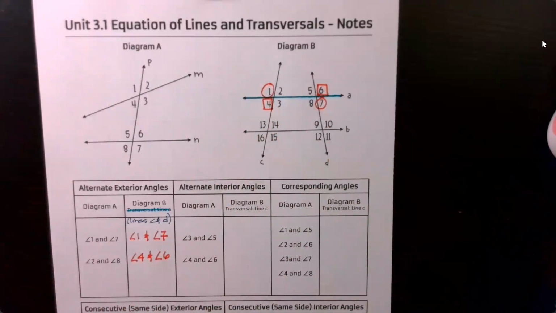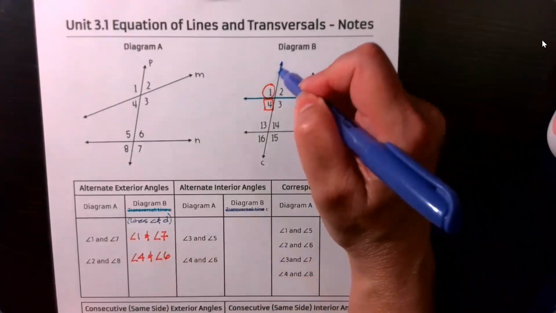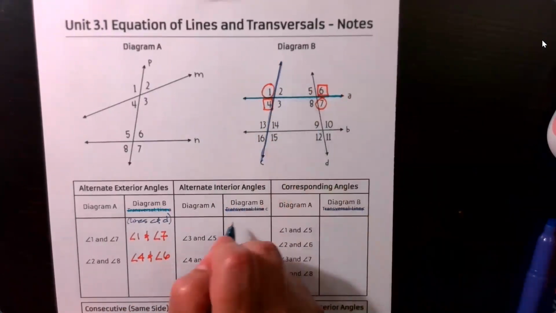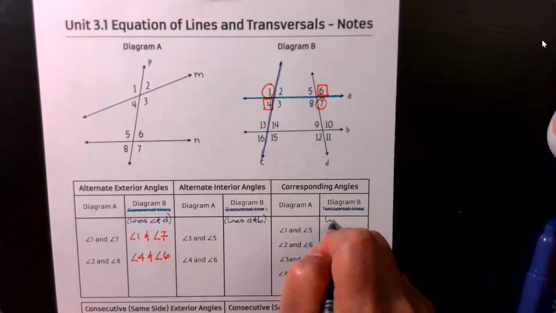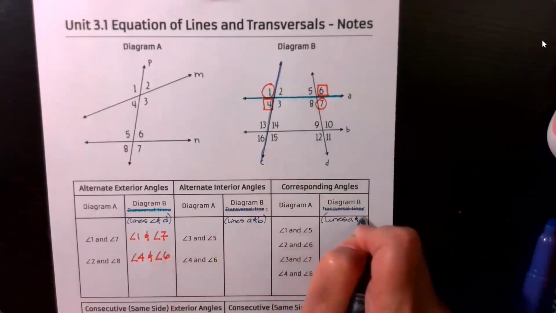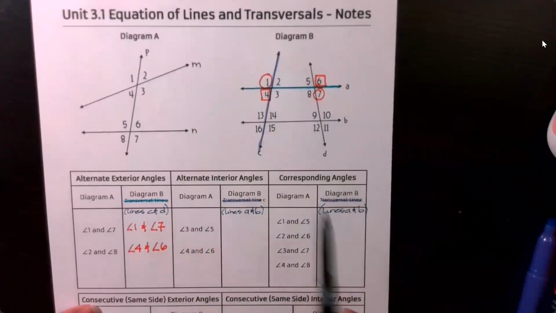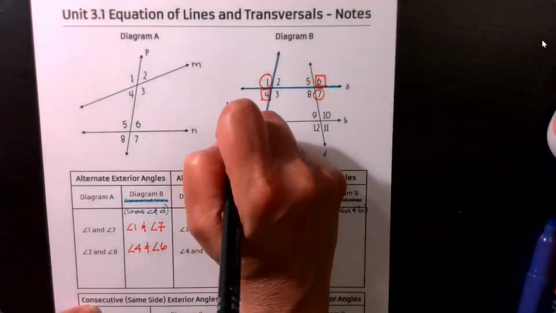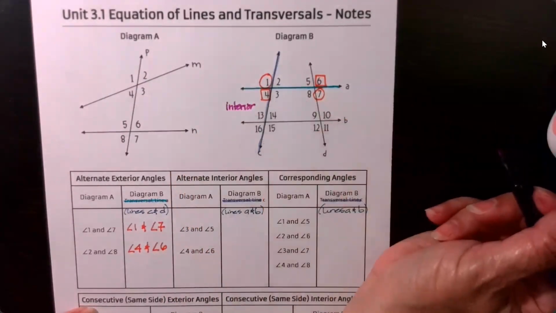When we look at the alternate interior angles and the corresponding angles, notice they want us to use transversal line C. So here's transversal line C, which means the lines that we're looking at are A and B. Those are the 2 lines being cut by transversal C. So when we look at alternate interior angles, they're going to be in the interior, and they're going to be on opposite sides or alternating sides of the transversal.